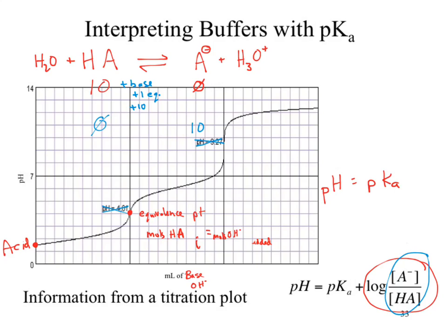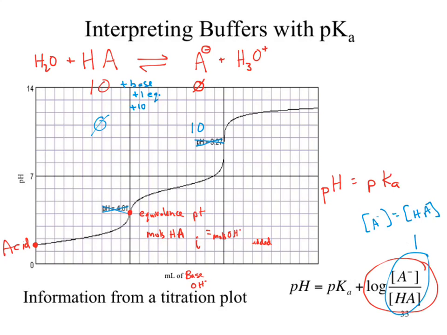When you take the log of that, it has to be 1, which means the concentration of A minus must equal the concentration of HA. Is that true at the equivalence point? No. At the equivalence point, what's true? The moles of HA equal the moles of strong base added. Not the moles of the conjugate base, but the moles of the strong base added.